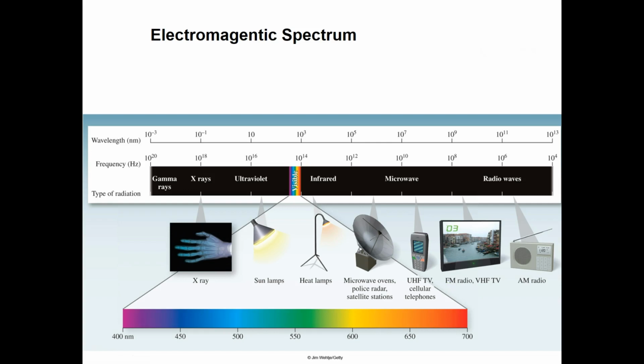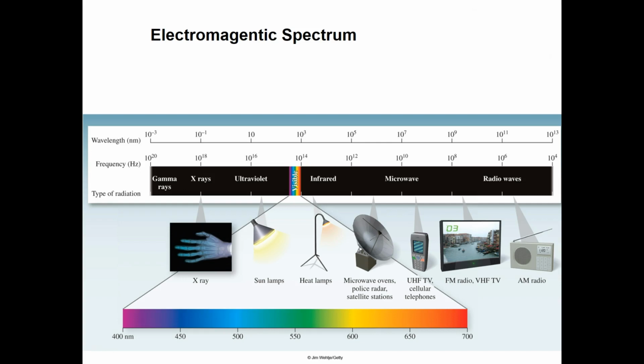So here's the electromagnetic spectrum. We can show the different types, labels of electromagnetic radiation, and noting the wavelength and the frequency. There are also some pictures of what those particular bands of the electromagnetic spectrum can do for us.